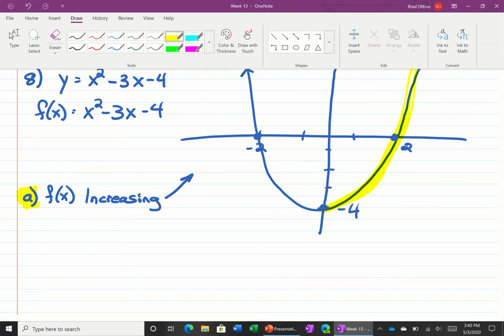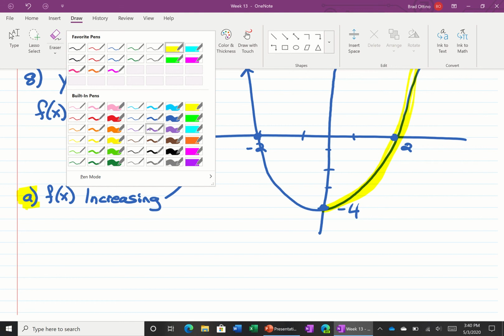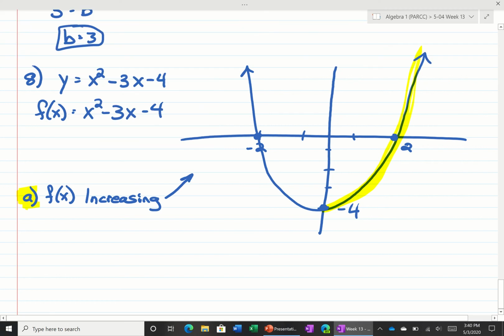And we always say what x values that happens during. That happens between when x is 0 and when x is 2. So we say that it would be increasing on the interval from 0 to 2. If you trace the graph starting at 0 and allow your pencil to go all the way up, actually until infinity, not just to 2, but for the rest of the graph on the right side, the graph would be going up.